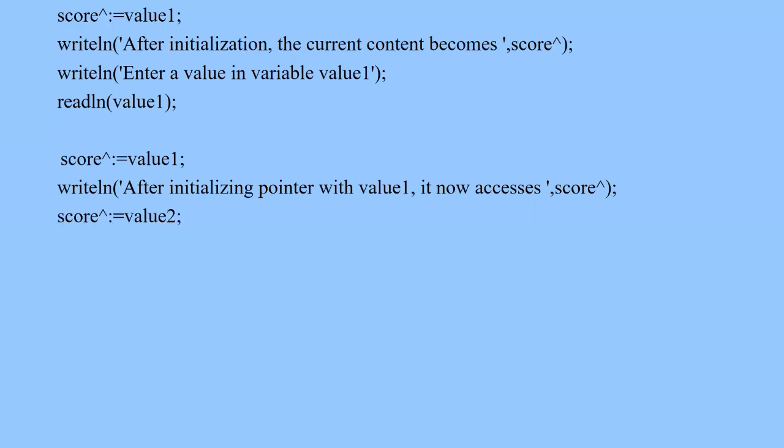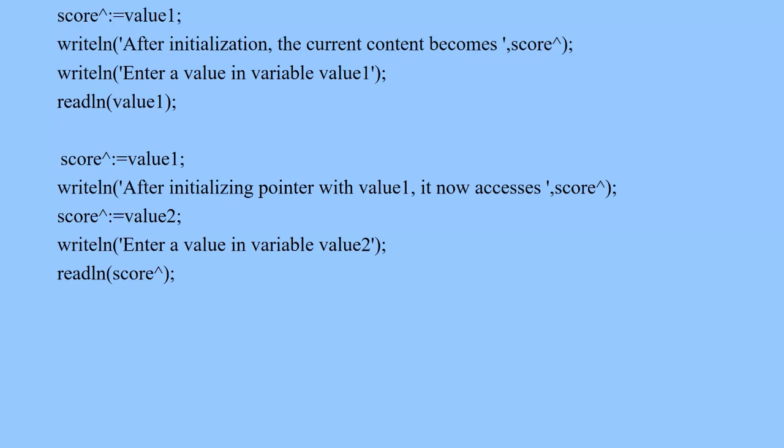Then we initialize the pointer with value 2. In other words, we are now making score pointer point to the memory location called value 2. And therefore, if we request the user to enter a value in variable value 2, that value will be picked, and then it will be stored in the memory location which is being pointed to by the pointer called score.